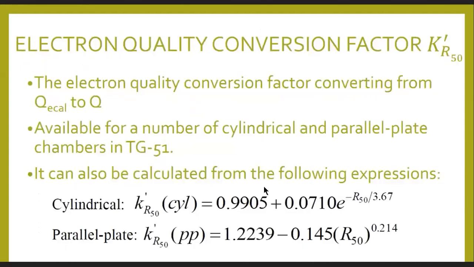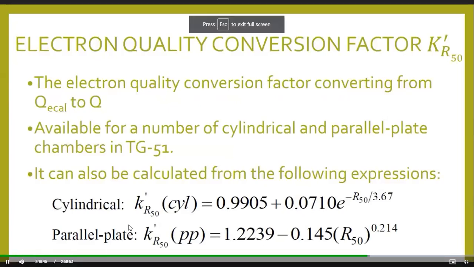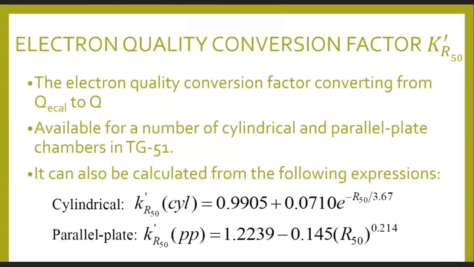And the other quality conversion factor is called the electron quality conversion factor, KR50 prime, which corrects the calibration factor from the arbitrary electron beam quality QE cal to the user electron beam quality Q. And the values for KR50 prime are also available in the protocols, and can also be calculated using the expression here for both cylindrical and parallel plate chambers.